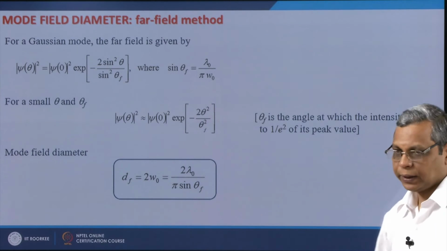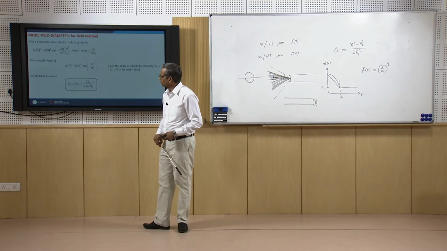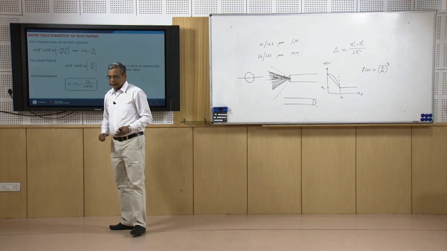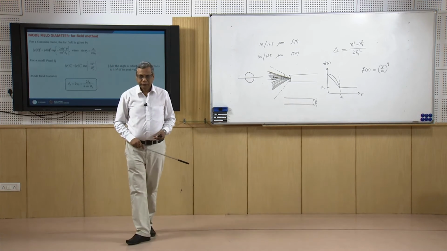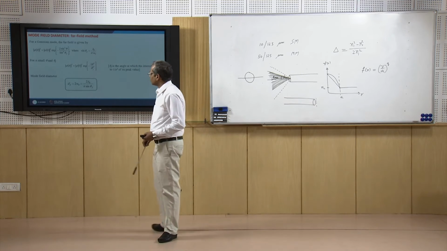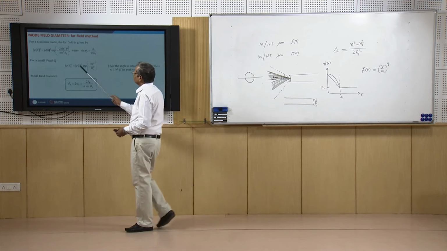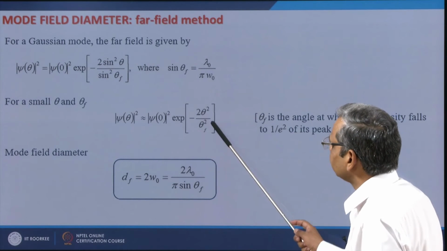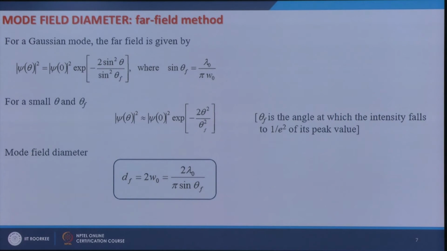This can be shown by diffraction of a Gaussian beam. Now, theta and theta f are very small, so I can approximate this by psi 0 squared exponential minus 2 theta squared over theta f squared.